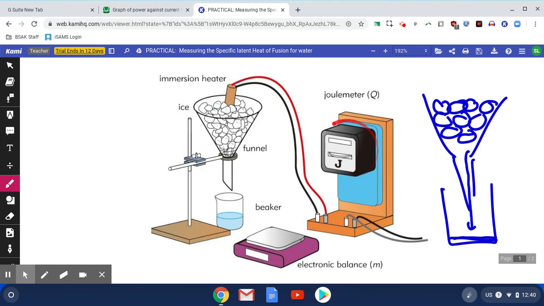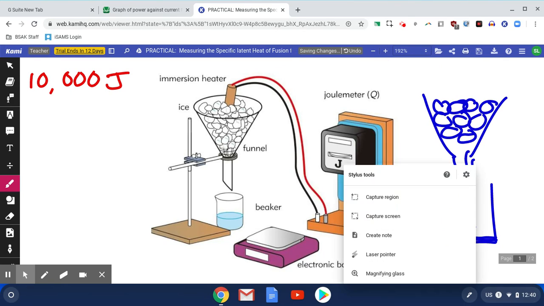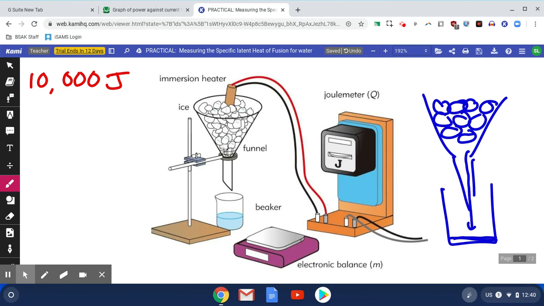How much energy did we measure on the joule meter? If you remember, it maxed out at 10,000 joules. Now, did all of that 10,000 joules go into melting ice?